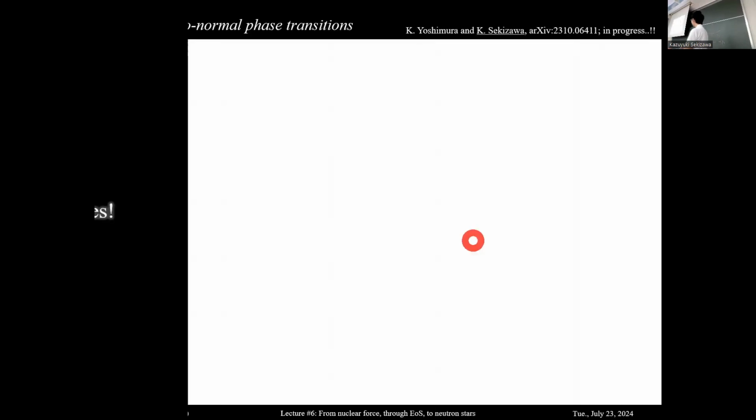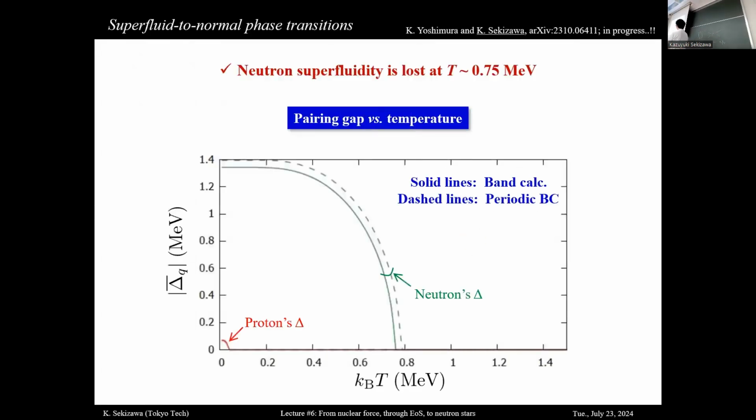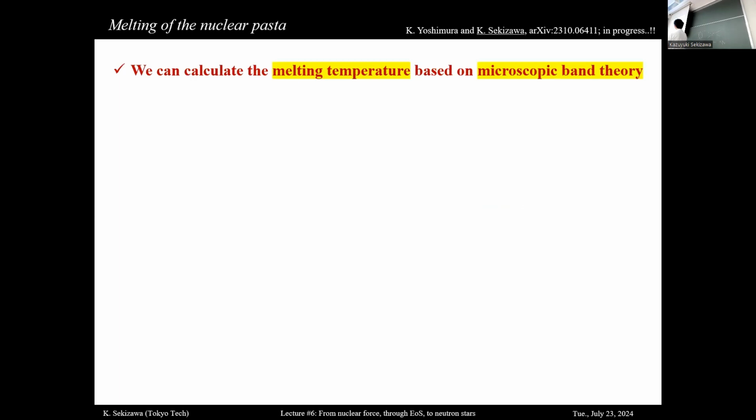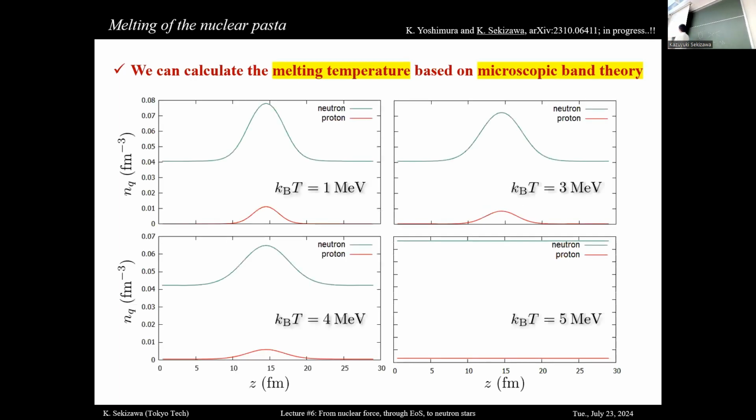And here I will just show the finite temperature extension. Here I show our calculation with different temperatures, 1, 3, 4, and 5 MeV.